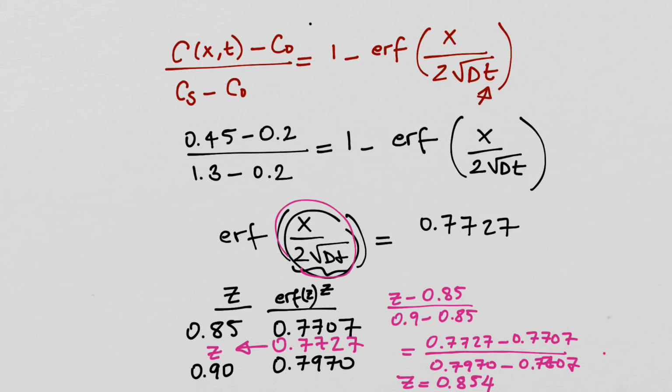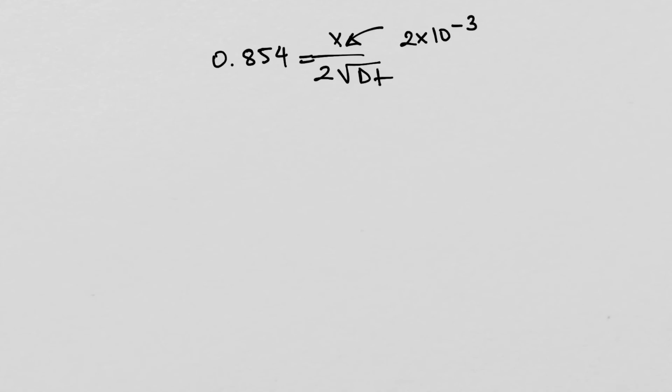All right. So we found that the value inside the error function is 0.854, which is x over 2 square root of Dt. And we know what x is, right? x is given to us: 2 times 10 to the power of minus 3 meter. We are asked to find the time. Now there is this problem: we have to figure out what the diffusion coefficient is. So you need to remember the equation for the diffusion coefficient.